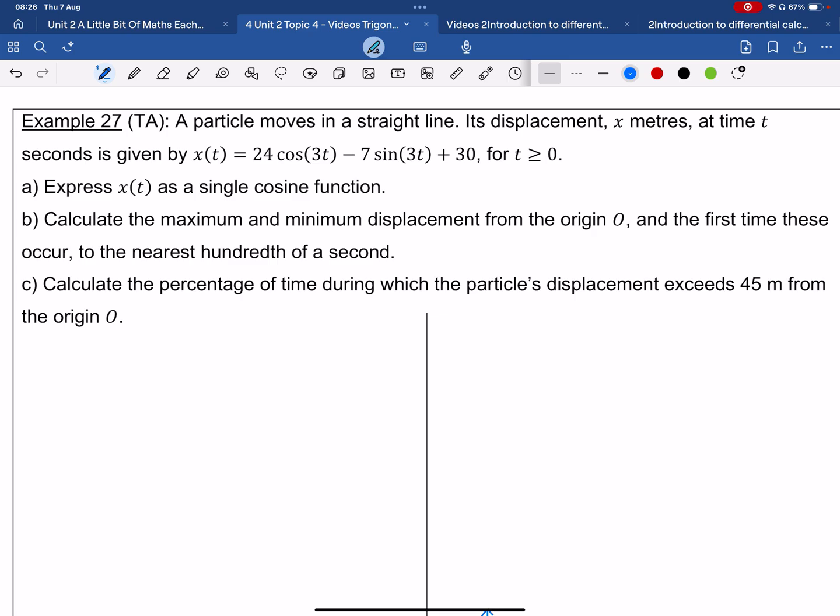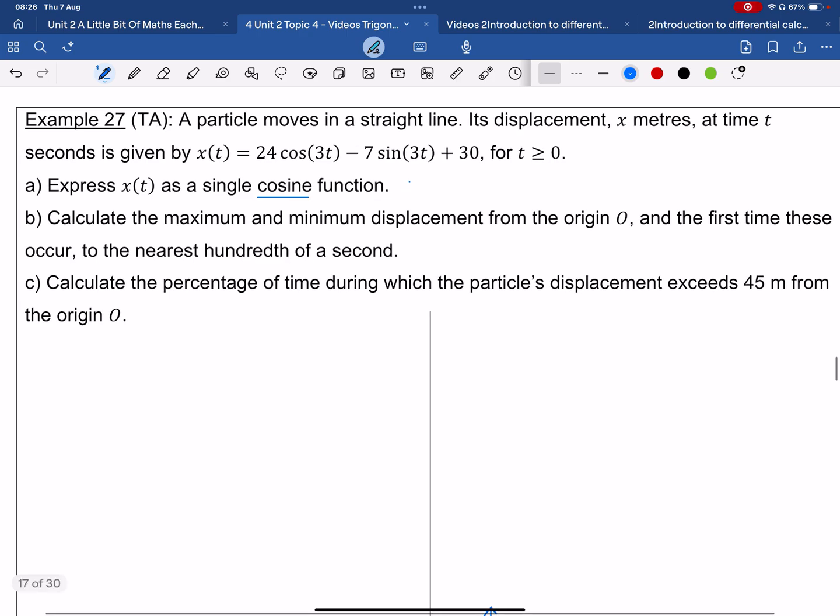So they're telling you that we're looking for a cosine function, and it's a cos plus a sine or cos minus a sine. So I'm going to decide that I will rewrite this in the form r cos of 3t plus alpha.